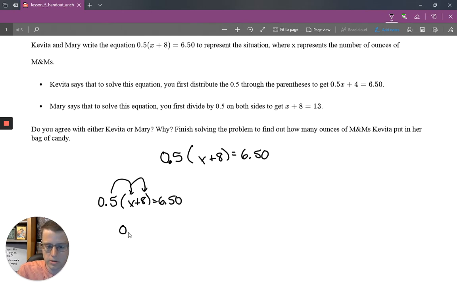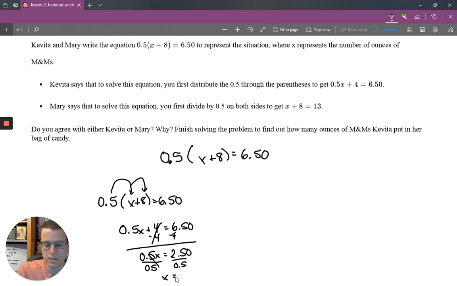Fine, let's distribute. And sure enough, she correctly got 5/10 x plus 4 equals the 6.5. We're going to subtract 4 from both sides. 5/10 x equals $2.50, or 2.5. Divide by the 5/10 on both sides, and you get x equals 5.